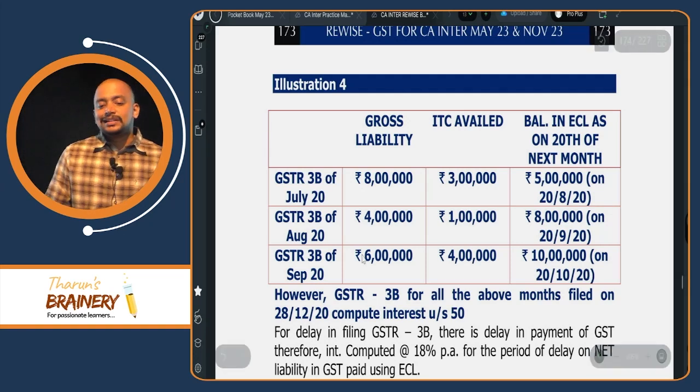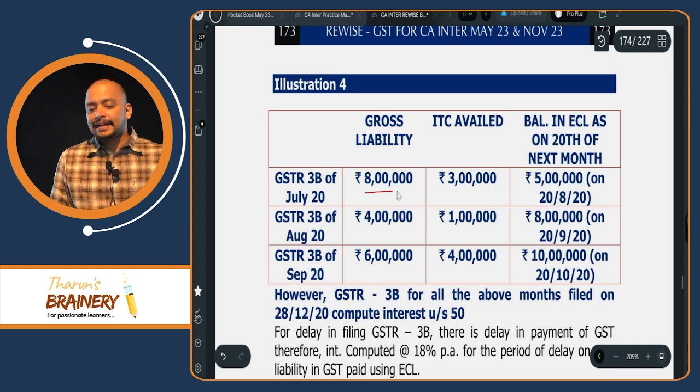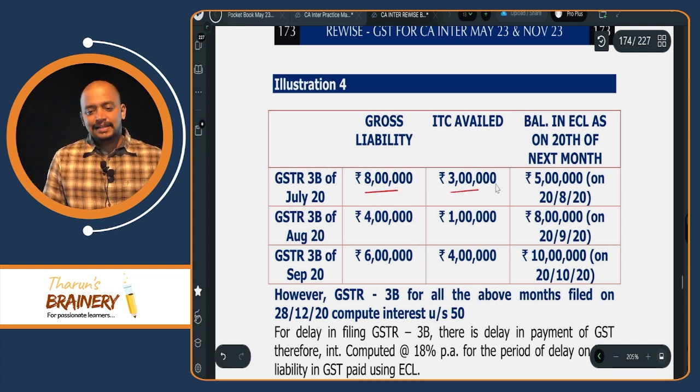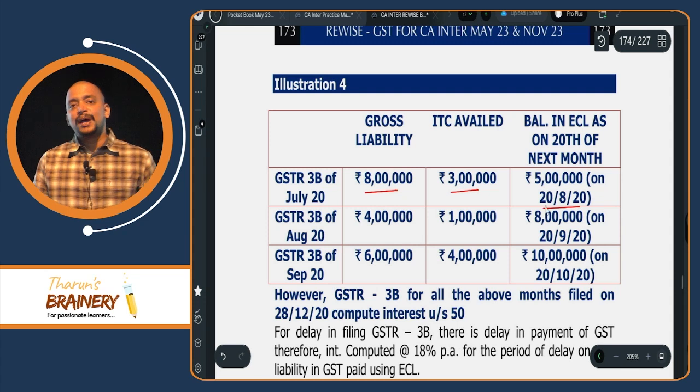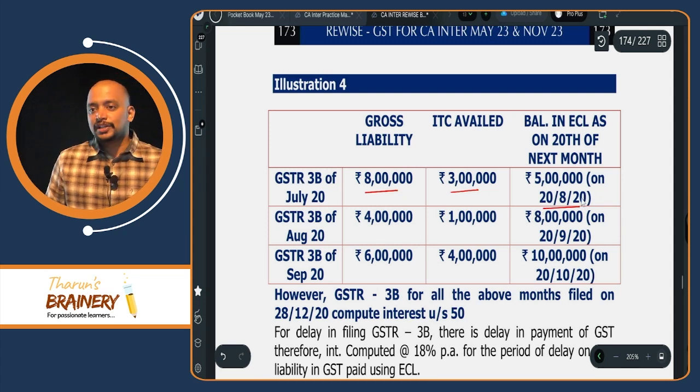So GSTR 3B of July 2020, gross liability is 8 lakhs, ITC is 3 lakhs. Then what is the net liability? 5 lakhs. So that 5 lakhs, the person has deposited in the cash ledger by 20th August. Actually, by when we need to file GSTR 3B? For July, 20th of August.